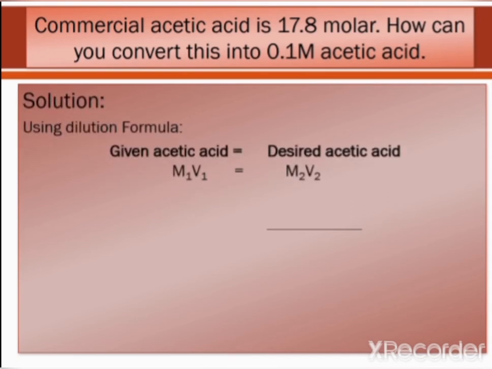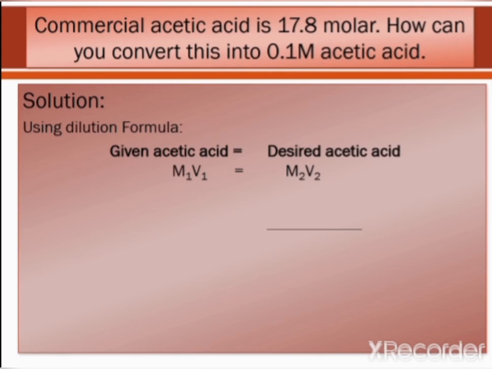Solution. Now again we will use the dilution formula. Our stock solution of acetic acid is 17.8 molar. So M1 is 17.8 into V1 is the volume to be taken. M2 is 0.1 molar.